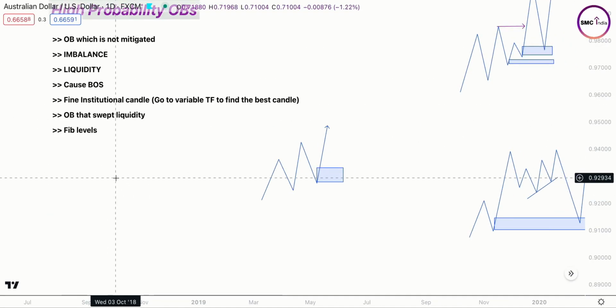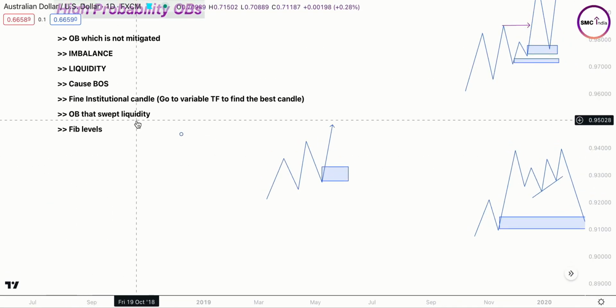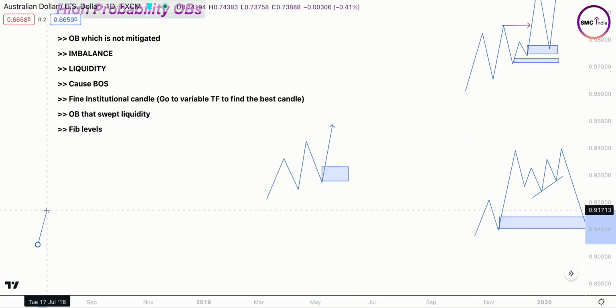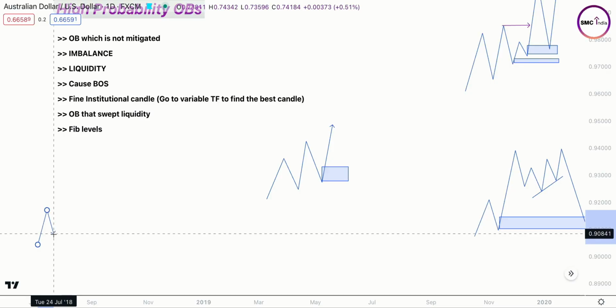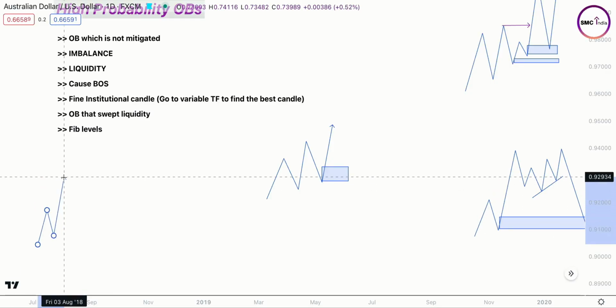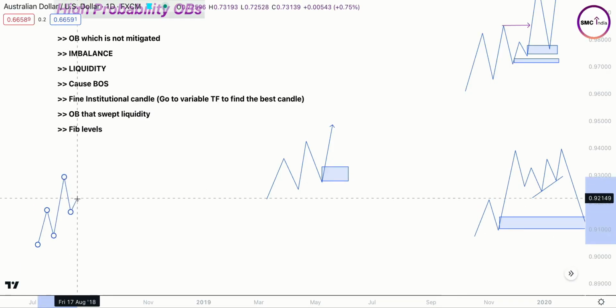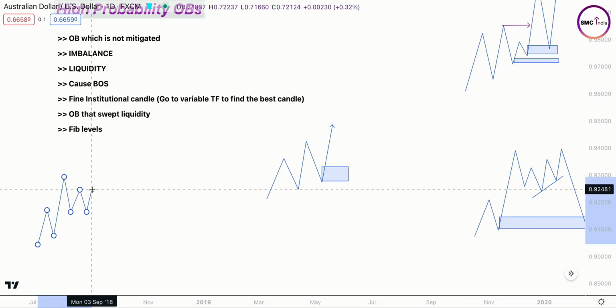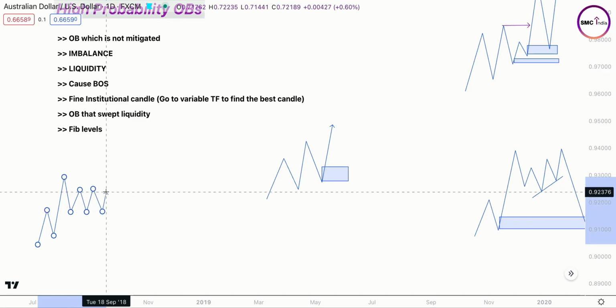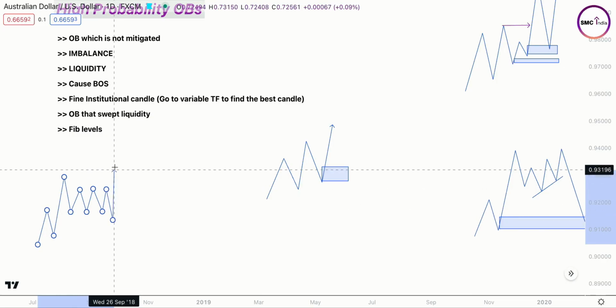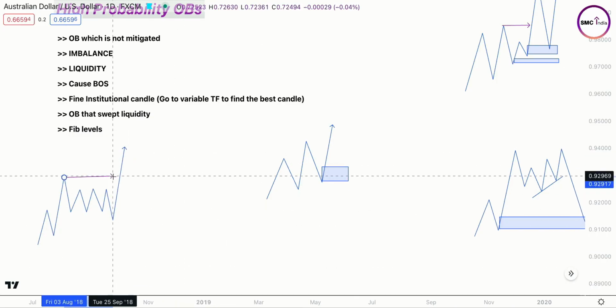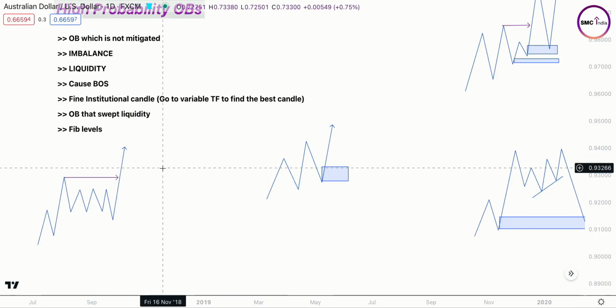And now I'm going to show you how the order block that sweeps liquidity acts as a very important confluence. Sometimes in a bullish market, you could see that the price is moving up, comes down, then moves massively up, then it creates liquidity like this. And suddenly the price sweeps all the liquidity and shoots up again, causing this breakout structure up here.